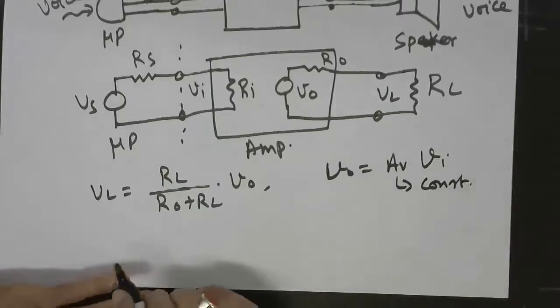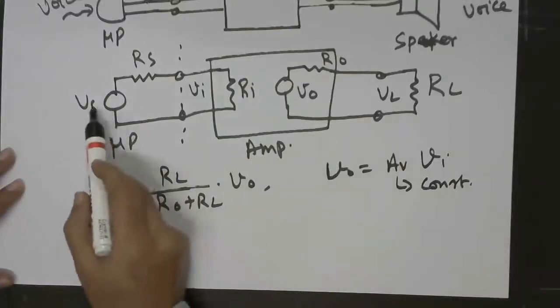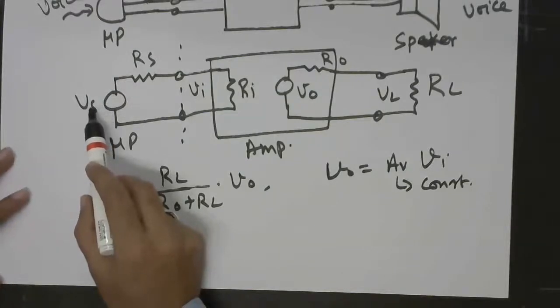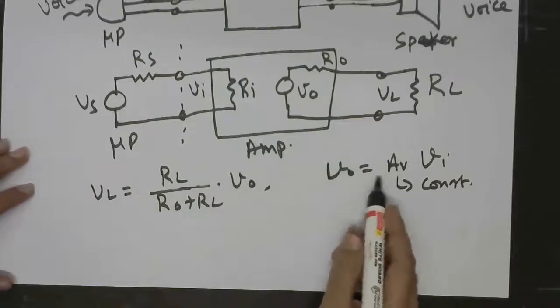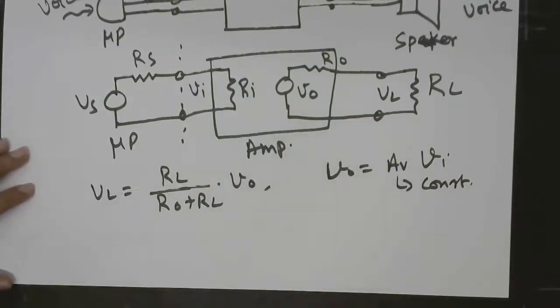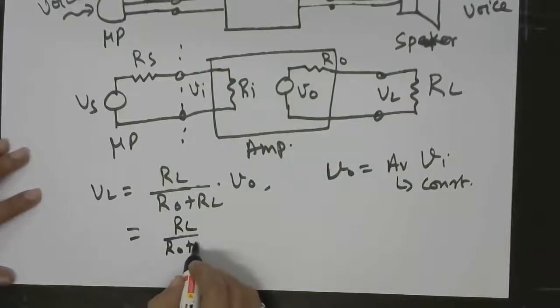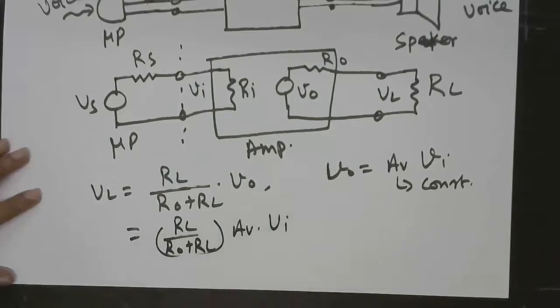And this constant should be independent of what is the frequency of this source and what is the amplitude. So output is going to be like this. So VL ultimately becomes RL over RO plus RL into AV into VI.